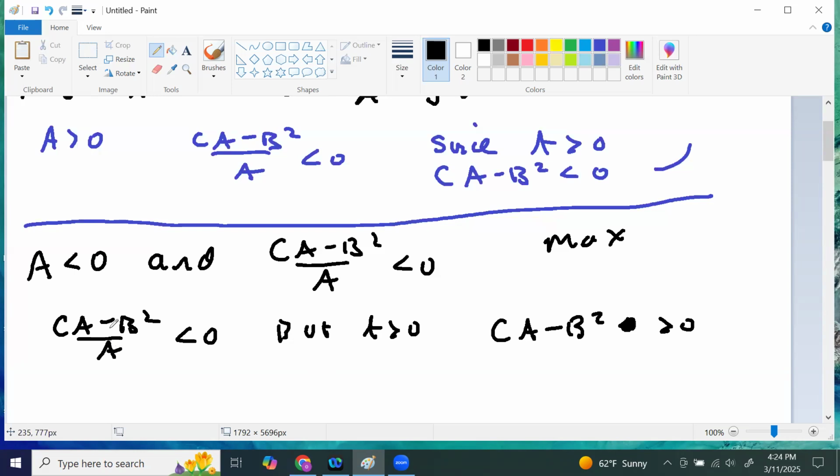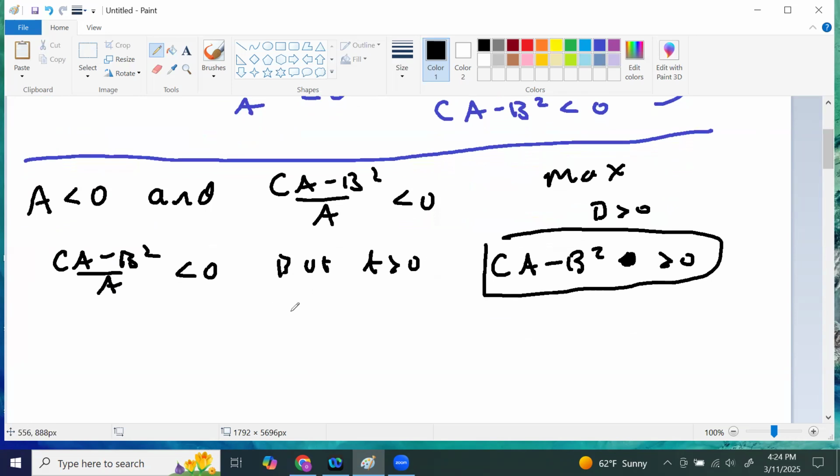So if A is negative, the top has to be positive. And once again, this is your D being positive. And again, this is your f sub x x being negative. Sorry, I should have written it that way. Right, opposite sign.